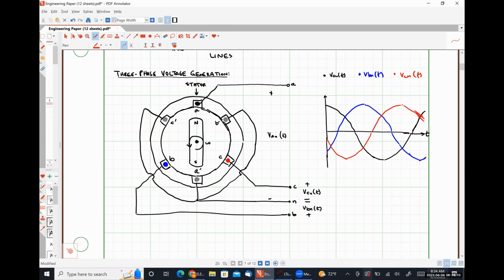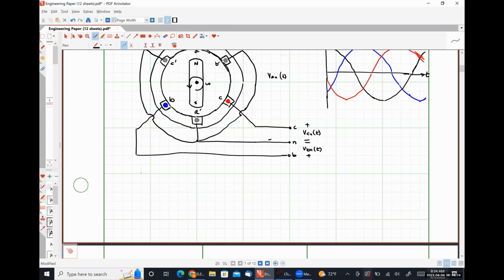All right. So mathematically, let me draw it down here. We're going to have VAN as a function of time is going to be whatever our phase voltage is, VPA, so its magnitude, cosine omega t, where that omega is set by how fast we're spinning the rotor.